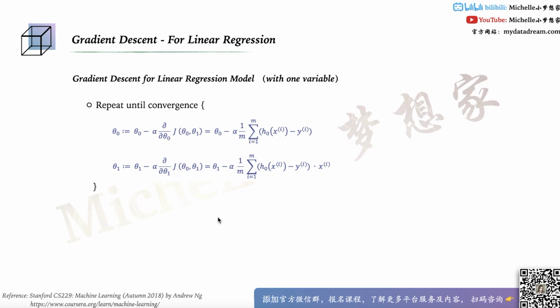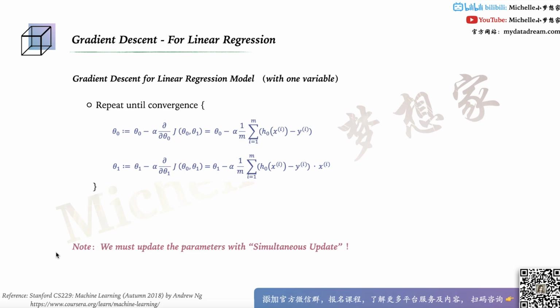The difference is that previously we only referred to the derivative of J of theta, but now, since we are applying gradient descent to linear regression, we have to substitute the actual cost function into the formula and compute the specific derivatives. So in the end, for linear regression, this is how we update theta 0 and theta 1 at each iteration. The formulas on the slide lay it out clearly.